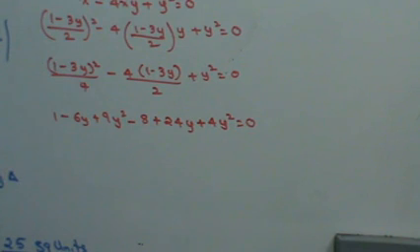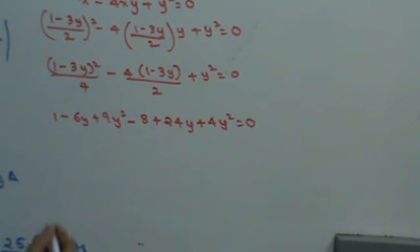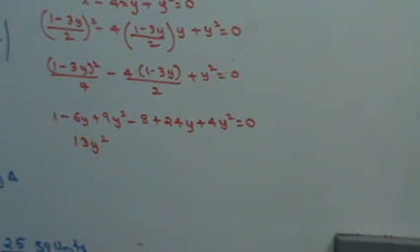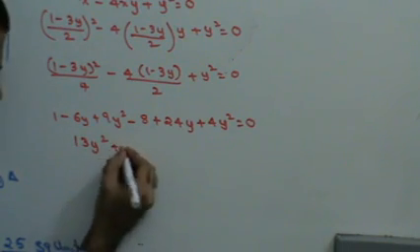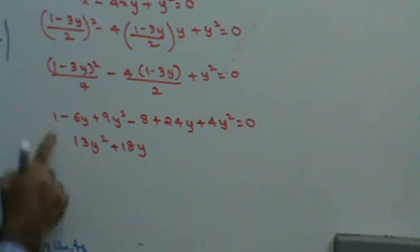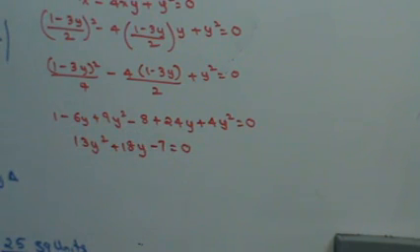The common denominator 4 goes to the other side to become 0. 9y square plus 4y square is going to give you 13y square. 24y minus 6y is going to give you 18y. And what else is remaining? 1 minus 8 is minus 7.